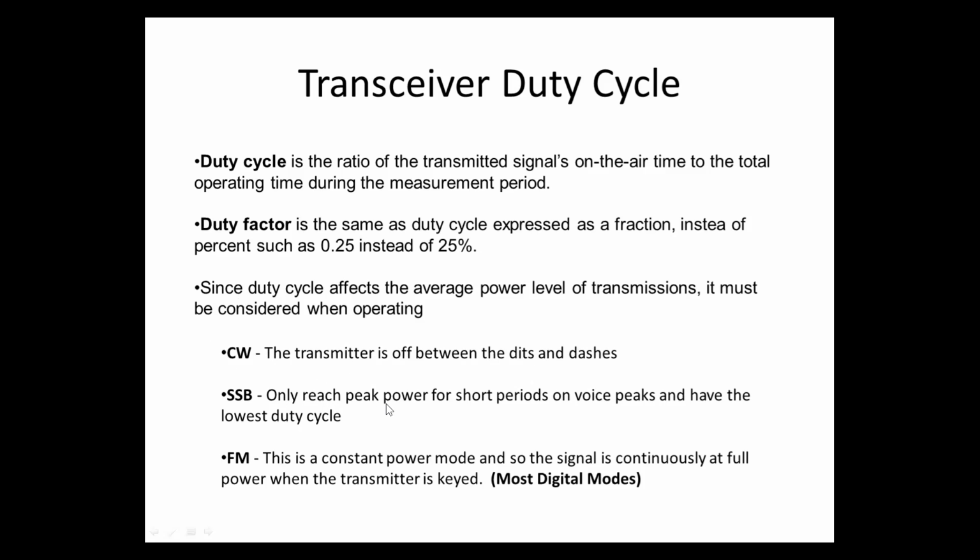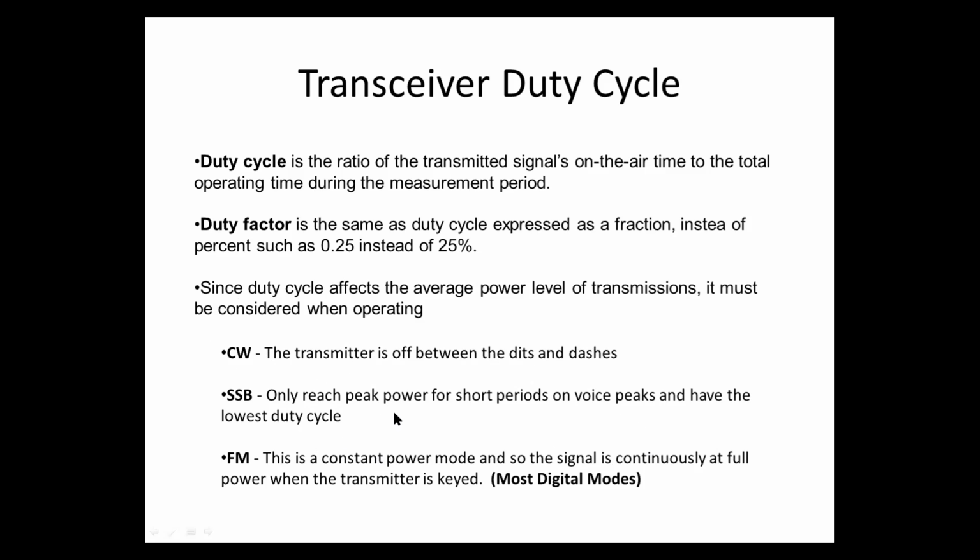Single sideband, like I mentioned, you only reach the peak power for short periods. And then FM is a constant power mode, so the signal's continually at full power when the transmitter is keyed. So it's just something you need to be aware of.